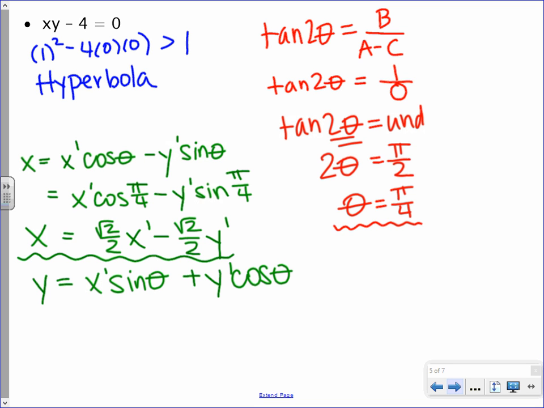So y is plus. Our angle is the same, so the sine of theta and the cosine of theta aren't going to change. So our y substitution is radical 2 over 2x prime plus radical 2 over 2y prime.